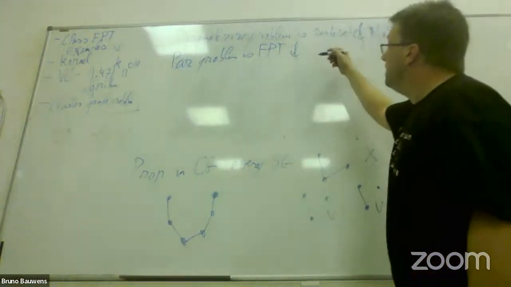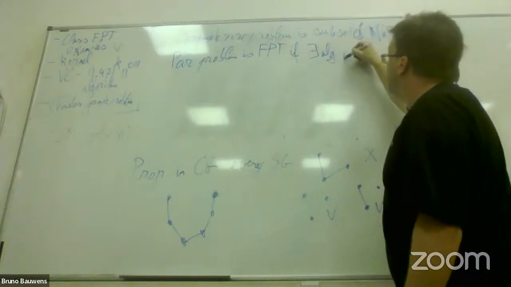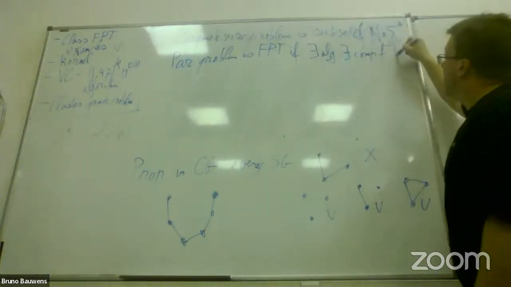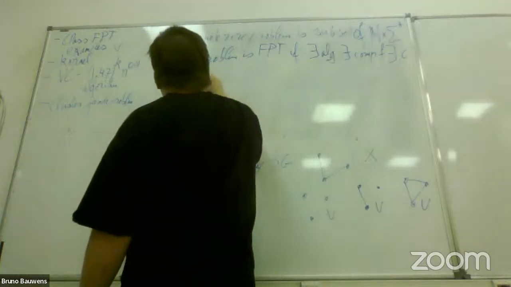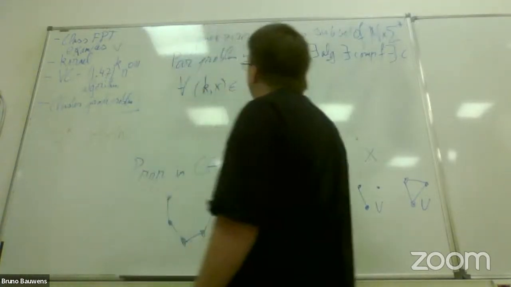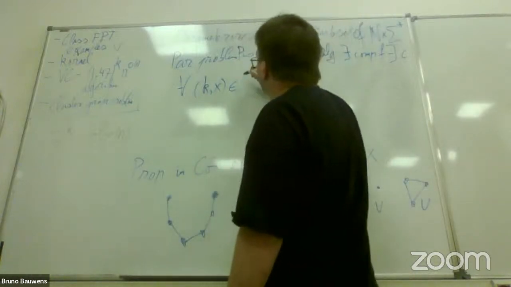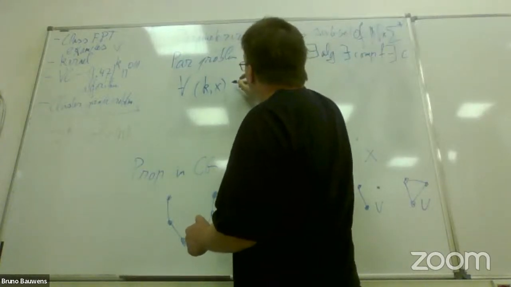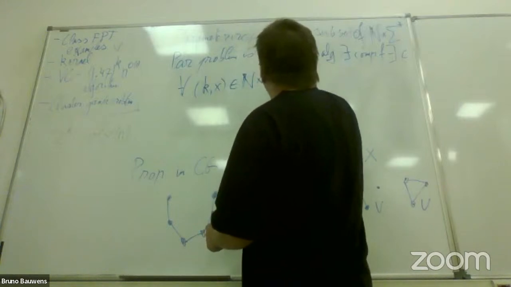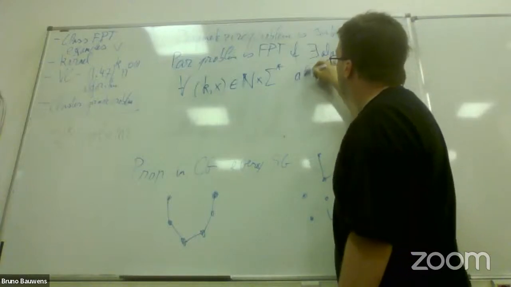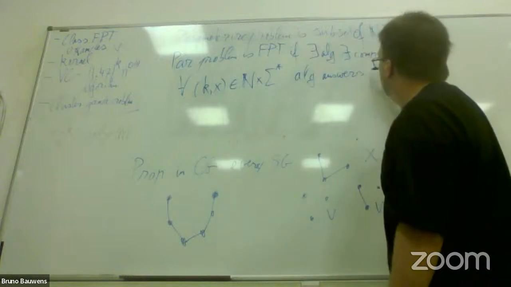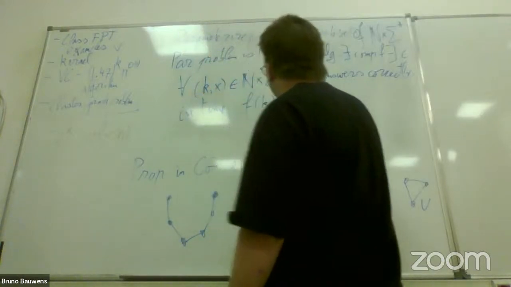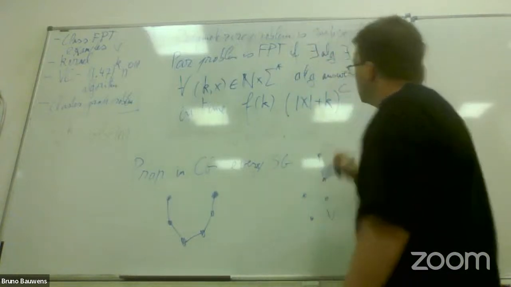So, there exists an algorithm, a computable function f and a constant c, such that for all kx in N times sigma star, the algorithm answers correctly in time f of k times length of x plus k to the power c.